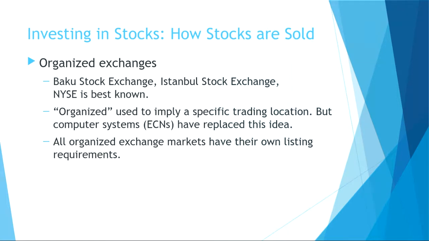So all the deals are on a specific location. Of course, in this specific location, only the listed companies are traded. For Istanbul Stock Exchange, only the listed companies are traded, not all of them. Same for Baku, same for the New York Stock Exchange. So all the organized markets have their own listing requirements, right?